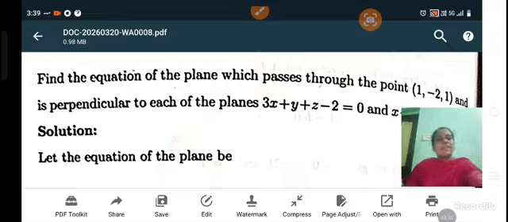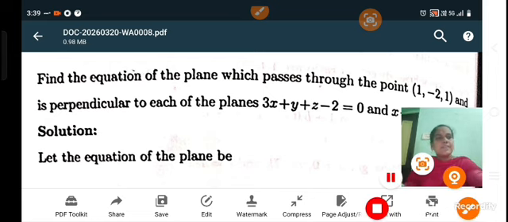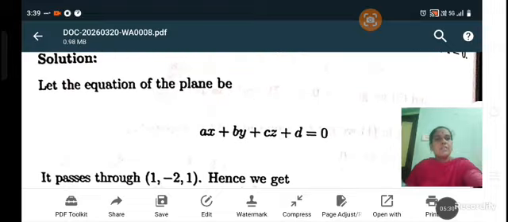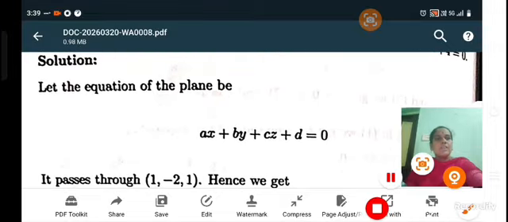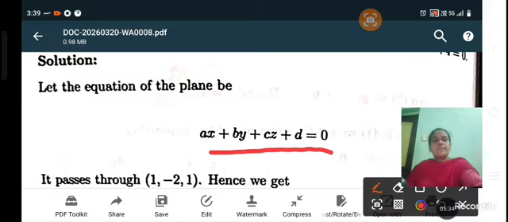Solution. Let the equation of the plane be ax + by + cz + d equal to 0. Next, we recall the condition for perpendicular planes. If two planes are perpendicular, their normal vectors are perpendicular.